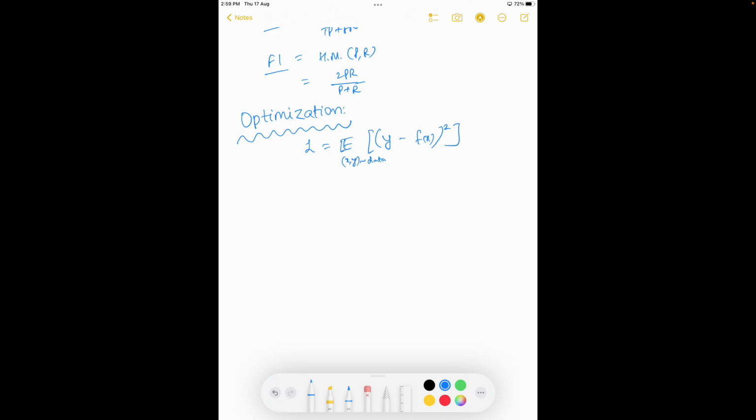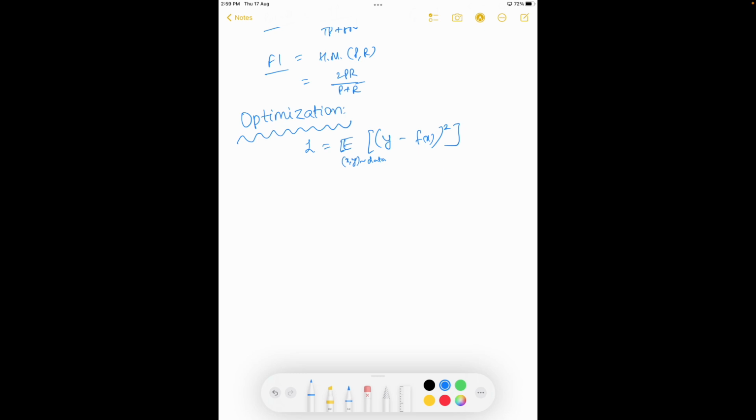Okay. So this E is called the expected value. You have studied probability theory. The expected value of anything is anything times P of that random variable, integrated over the entire space of that random variable. So that is the expected value.